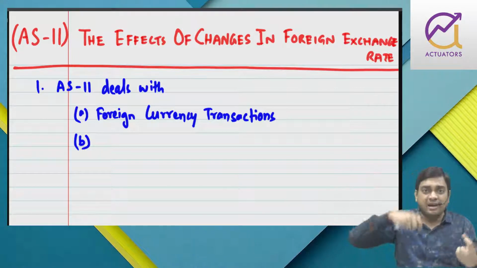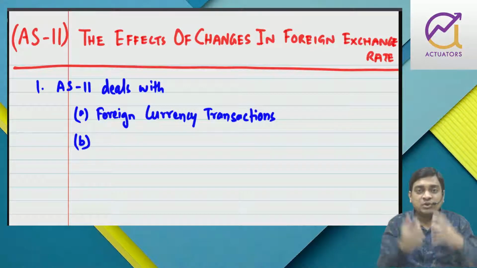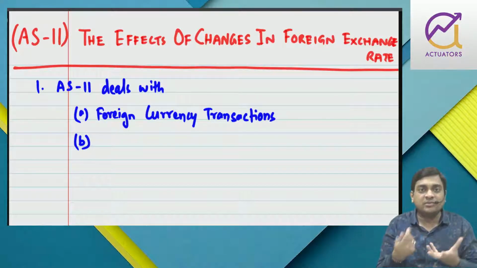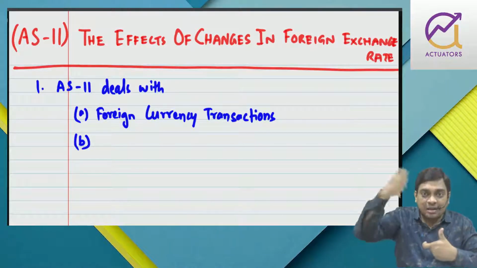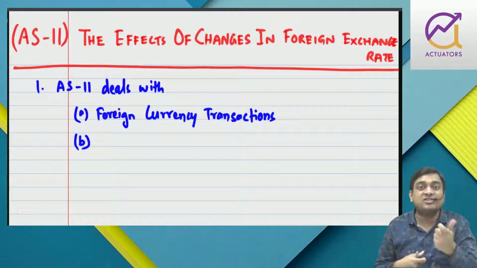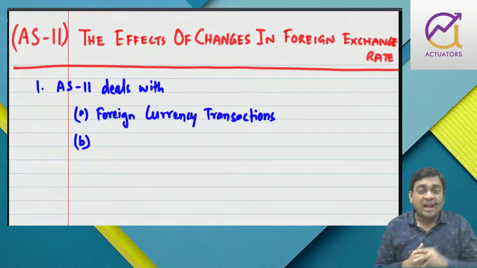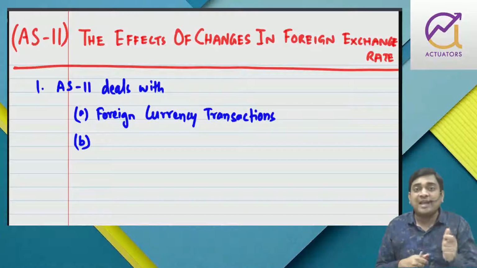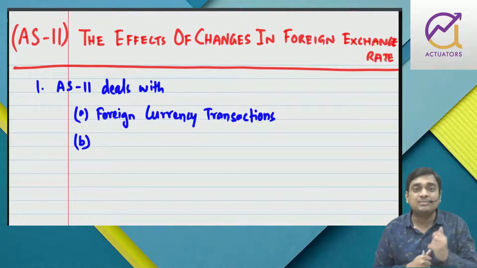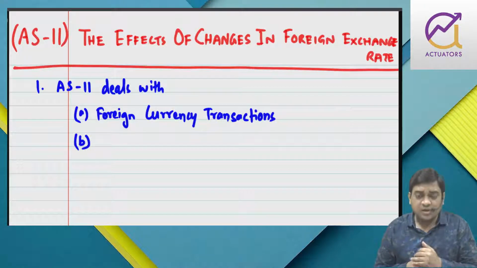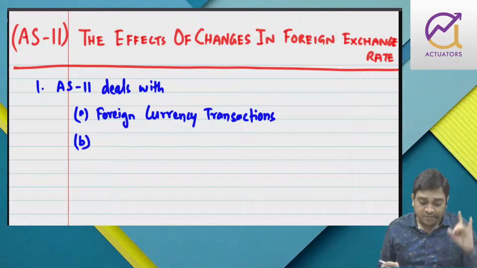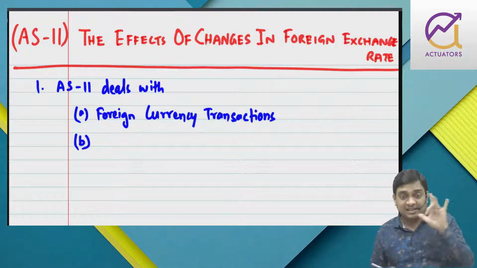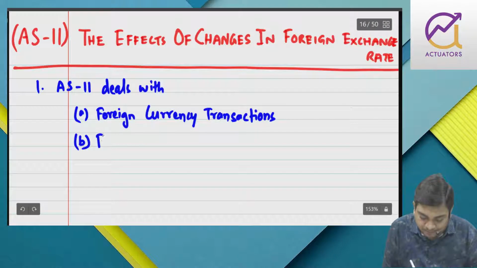So you bring that money into India and convert it into Indian rupee. The rate at which the money is converted is known as the exchange rate. And if you are converting today, that exchange rate is known as the spot rate. There are a lot of things that we'll study as we move ahead. So AS11 deals with foreign currency transactions.